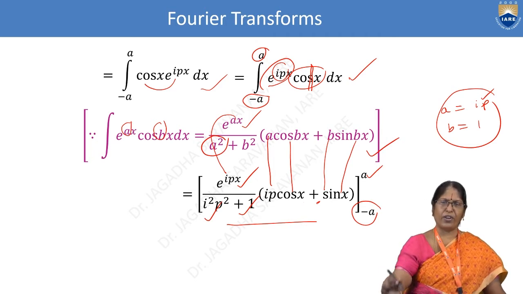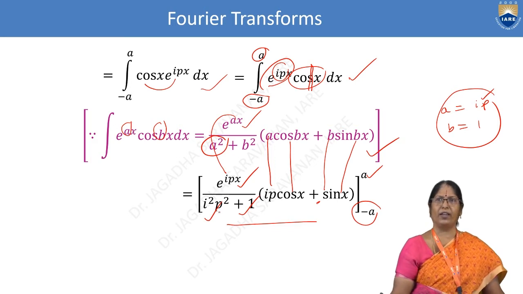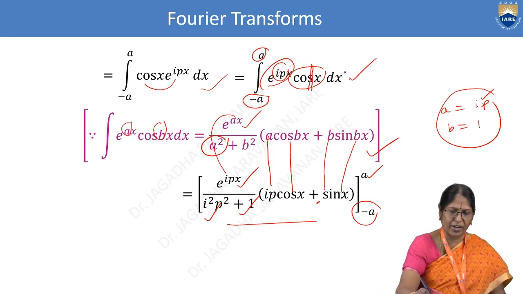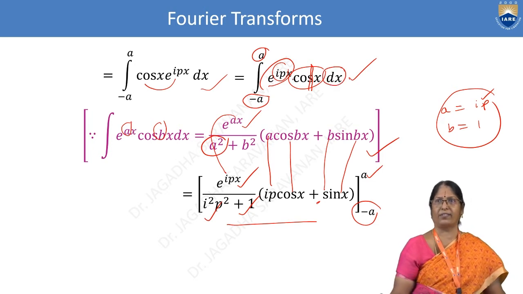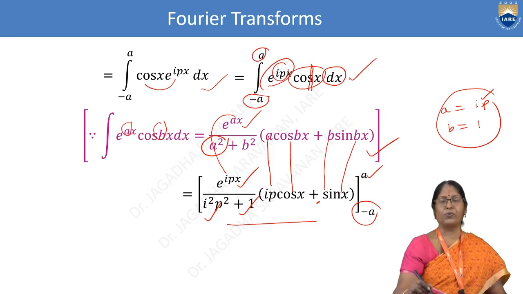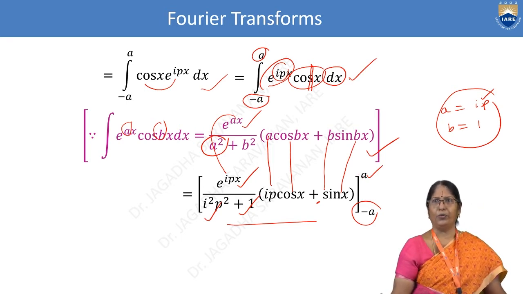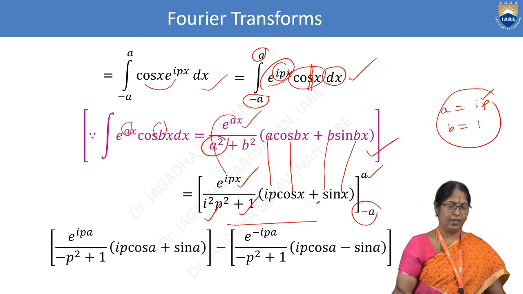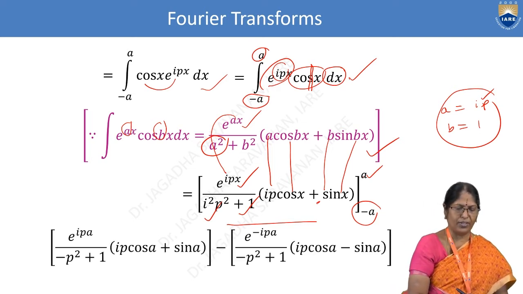The reason for substituting in the place of x is that one more p is also there. We can't substitute in the place of p. The reason is that we did the integration with respect to x. That is the reason in the place of x we should substitute the limit values. Yes, now we can see it here.